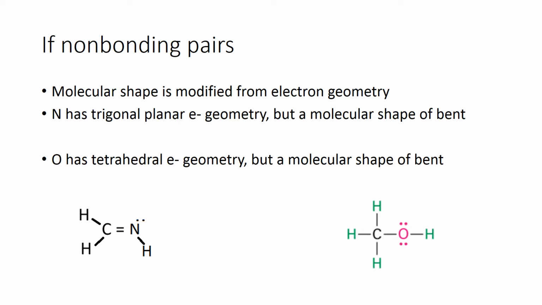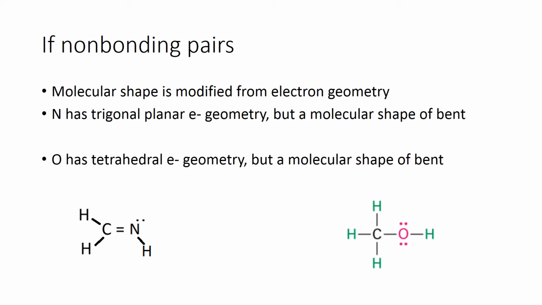If I look at the carbon, it has 3 areas of electron density, so it's in a trigonal planar shape. There are no non-bonding pairs on it, so the atoms are in a trigonal planar shape. But if I look at this nitrogen, it is trigonal planar with 3 areas of electron density, but at one point of that trigonal planar shape, you're going to have this non-bonding pair.